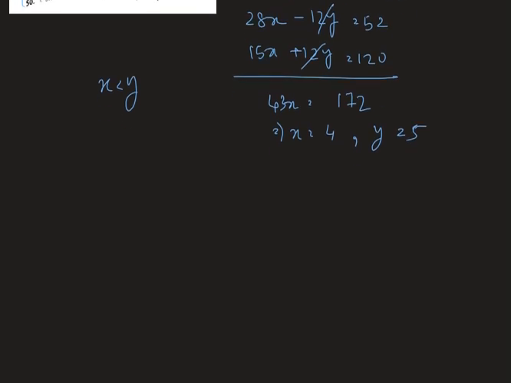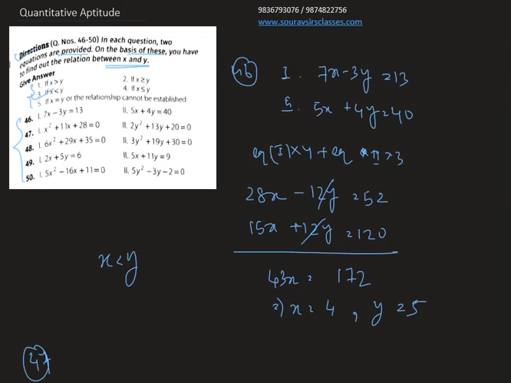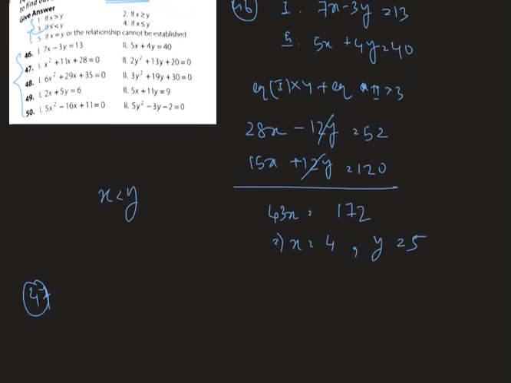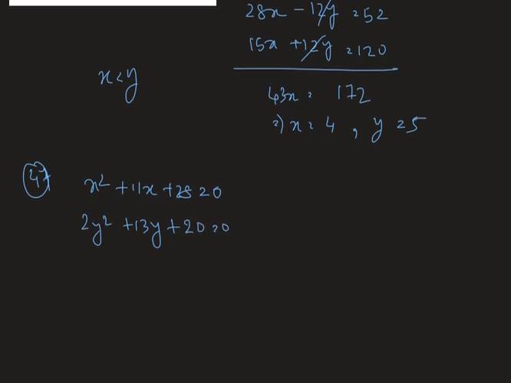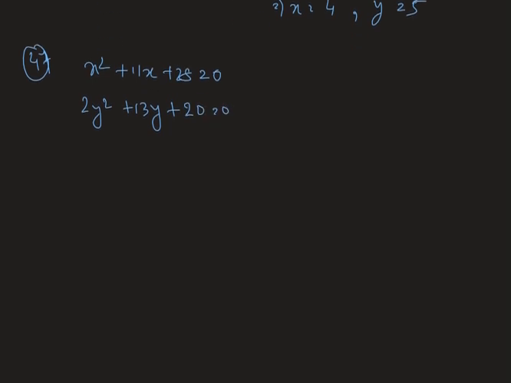Now let's check the next question. Here we have the equation x square plus 11x plus 28 equals 0, and 2y square plus 13y plus 20 equals 0.